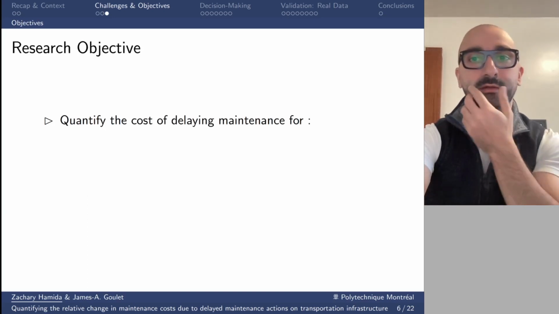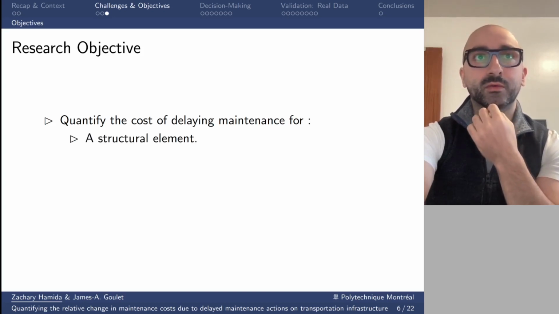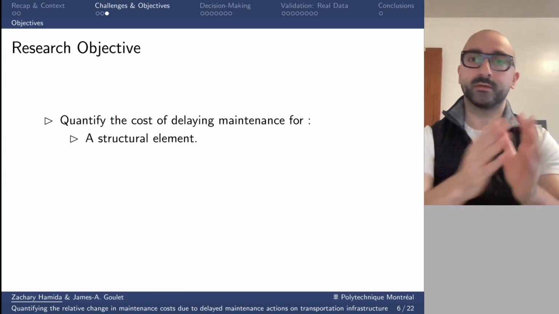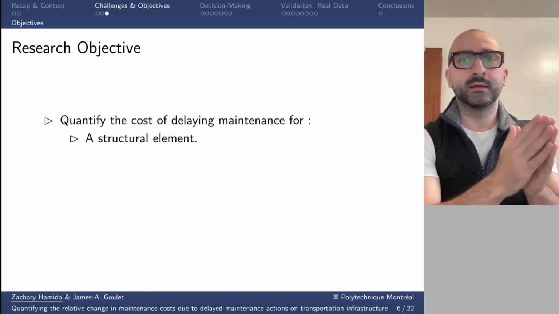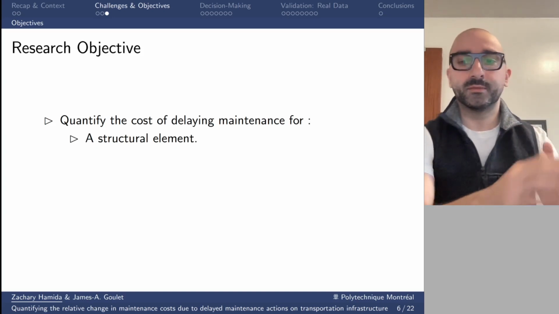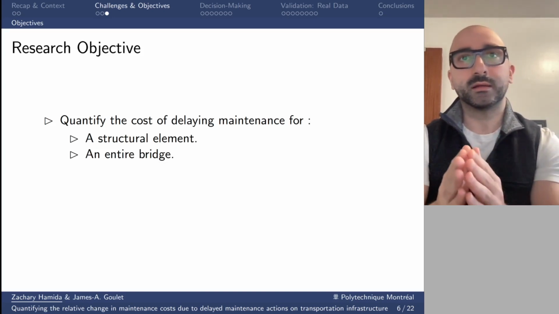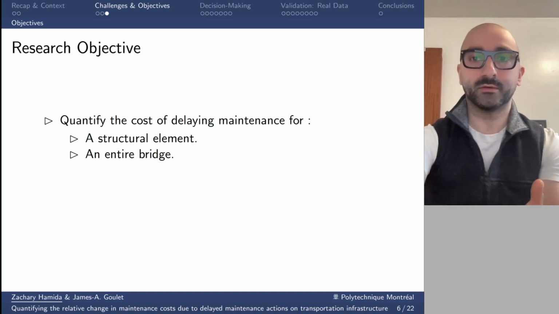So the research objectives within this talk were to quantify the cost of delaying maintenance for a structural element, because as I mentioned, the deterioration modeling is done at the element level, as well as to quantify the cost of delaying maintenance at the entire bridge level.